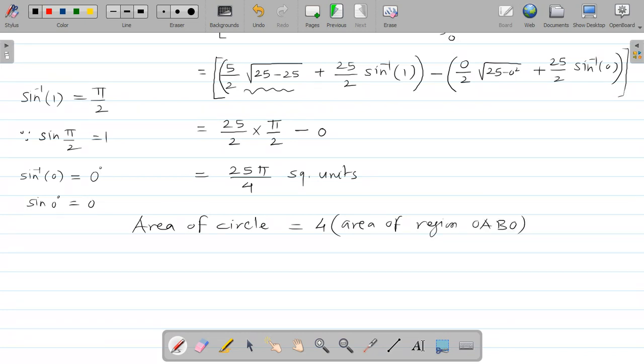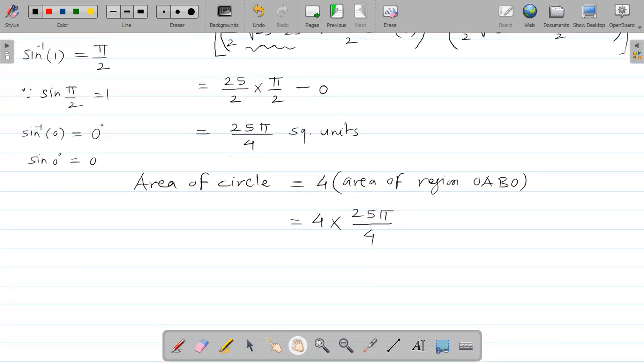Now the area of the region OABO is calculated. It is 25 pi by 4. So it is 4 into 25 pi upon 4, and hence we get the area of the circle, that is 25 pi square units. And we know that the formula for the area of the circle is pi r square. Here r square is 25, so obviously you will get the area as 25 pi.